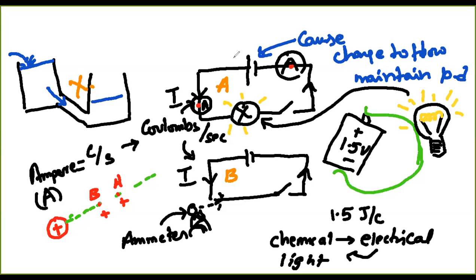So I'll introduce a concept. You have heard of the law of conservation of mass, the law of conservation of energy, the law of conservation of momentum. There is a law of conservation of charge also. So you cannot increase or decrease the charge that is available. That means you cannot produce charge out of nothing.